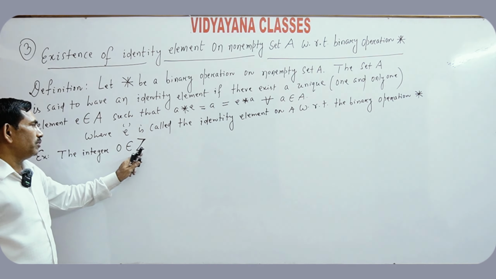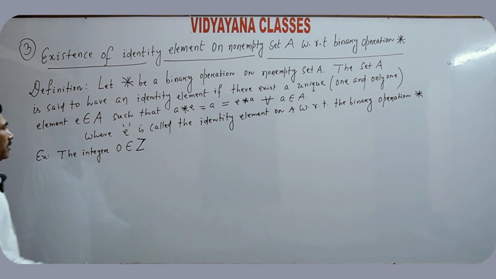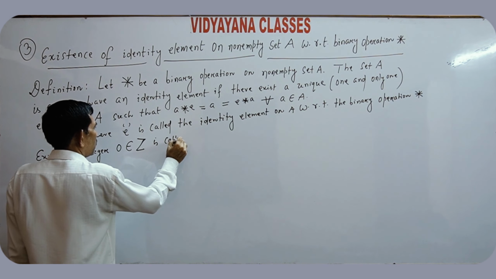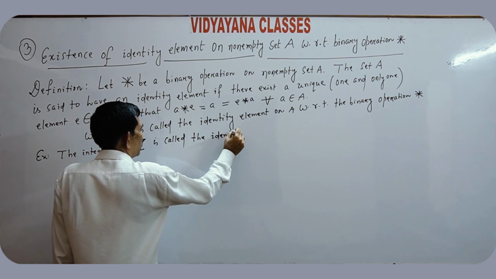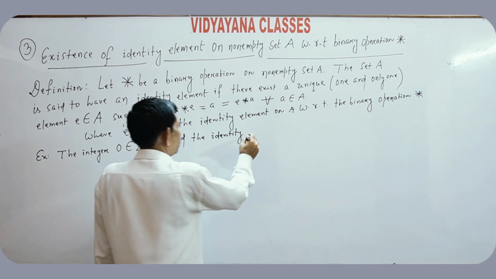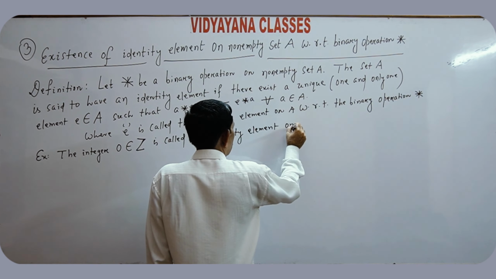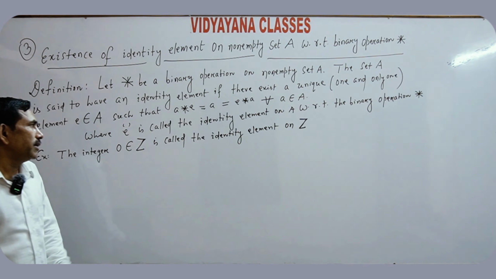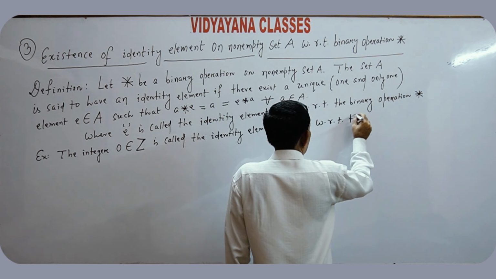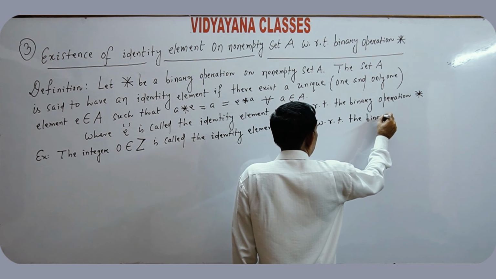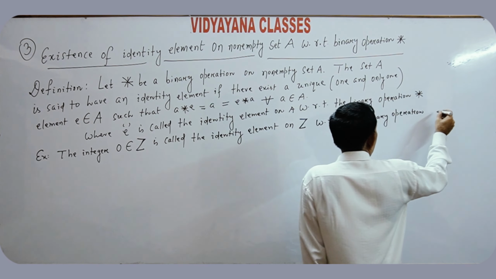It is clear that 0 belongs to Z. The integer 0 is called the identity element on Z with respect to the binary operation, that is addition.